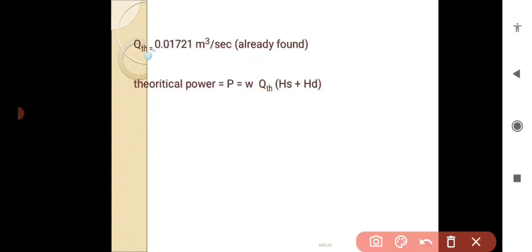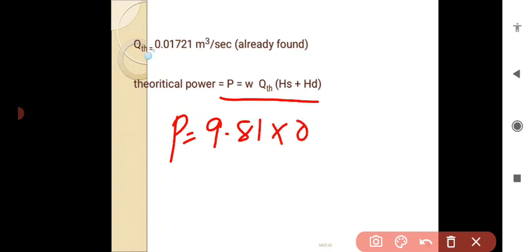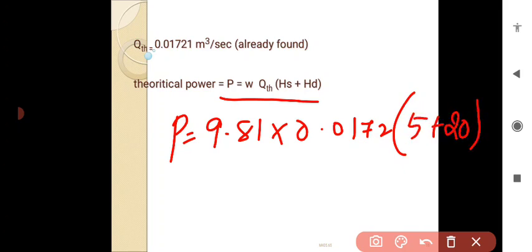We know that the theoretical power required to drive the pump, P, is equal to W into theoretical discharge into HS plus HD. So substitute all the values in this equation. P is equal to, W is 9.81, and the theoretical discharge we already calculated in the last problem, 0.0172, into suction head 5 meter plus delivery head 20 meter.